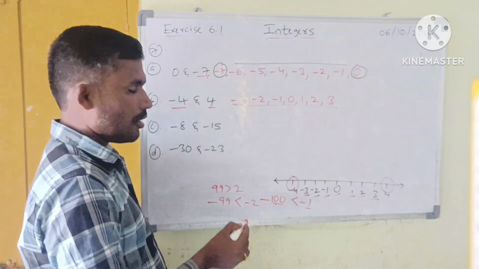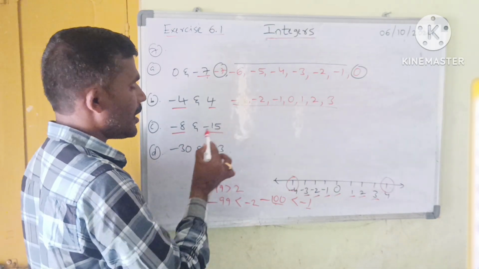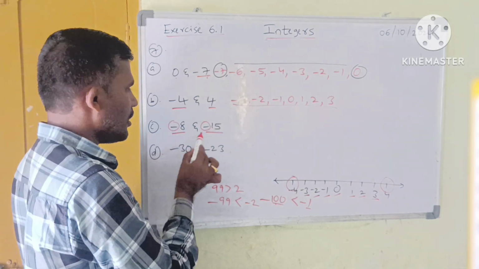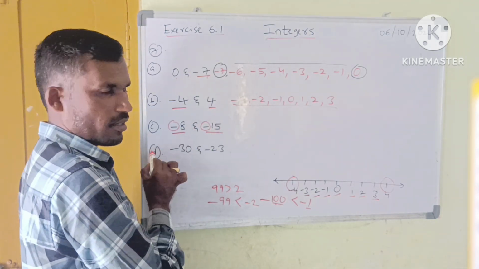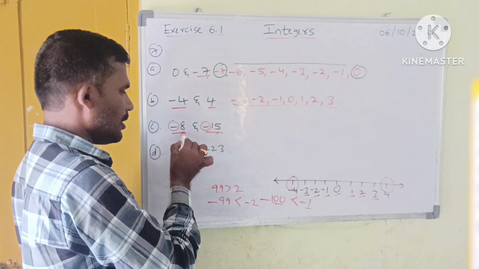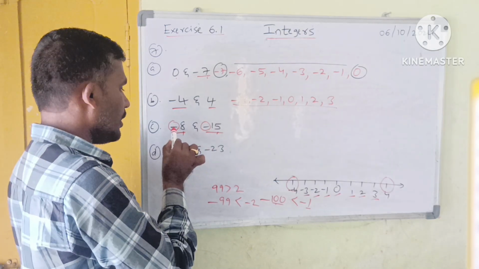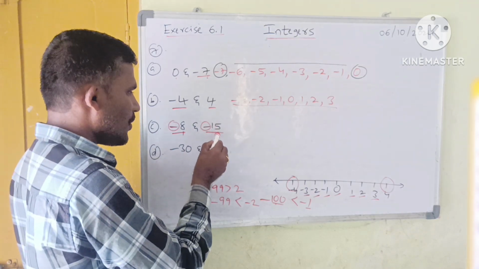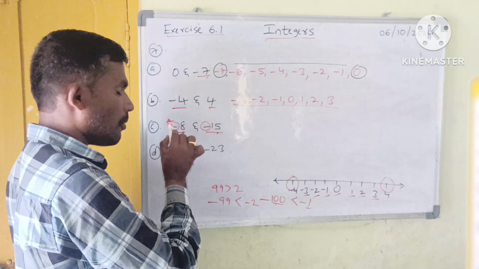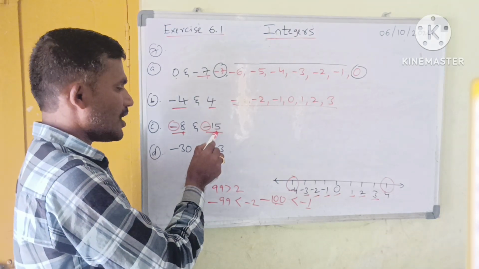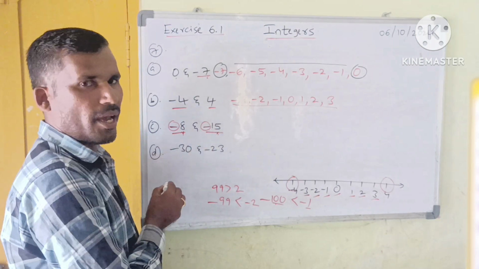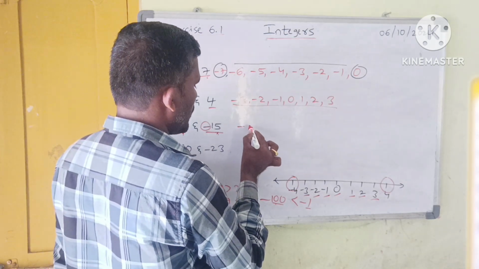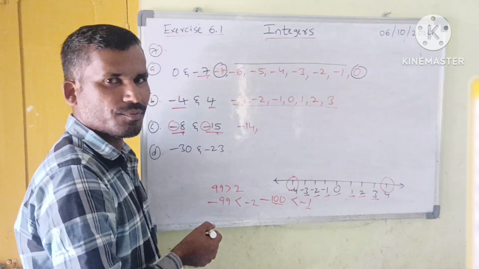Next, see, minus 8, minus 15. When omitting the sign, 15 is greater than 8. But when including the sign, negative, minus 15 is less than minus 8. Minus 15 is smaller than minus 8. So after minus 15, the next number is minus 14.